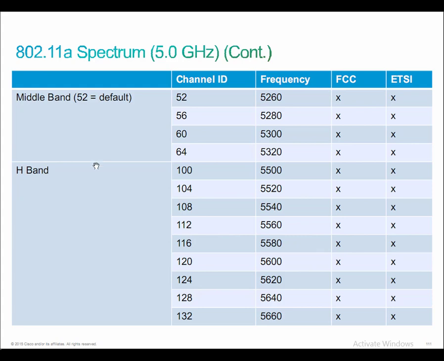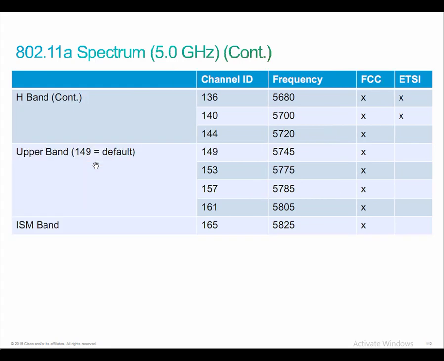And then there's another H band, and then we see the upper band, channels 149, 153, 157, 161, and then we see the ISM band at 165. None of which are available in the ETSI specification, but are all available in the FCC specification. This goes back to what we saw in one of the previous slides when we were looking at the configuration.